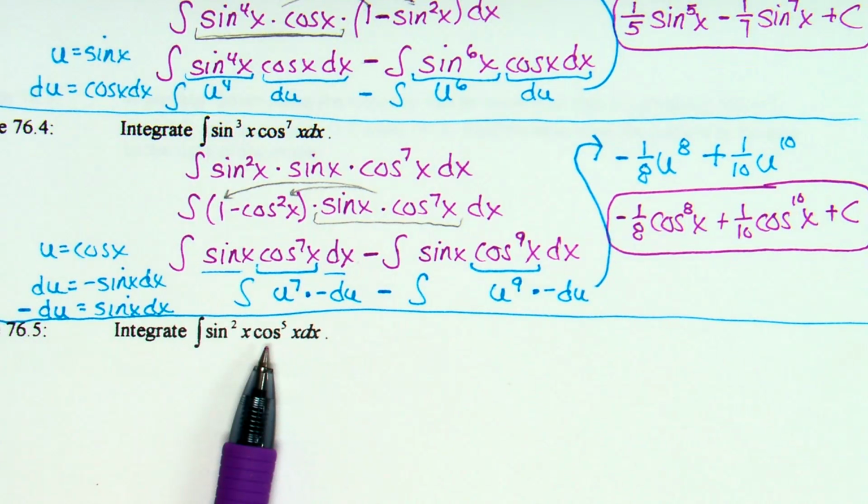So the trick here is that we're going to keep the sine squared as is. We're going to break this cosine to the 5th, kind of like Wade, what you were saying, where I'm going to do a cosine squared, and then a cosine to the 1st. Both of those cosine squareds are going to be replaced with the 1 minus sine squared. Okay? Now, I was going to write that slightly different.